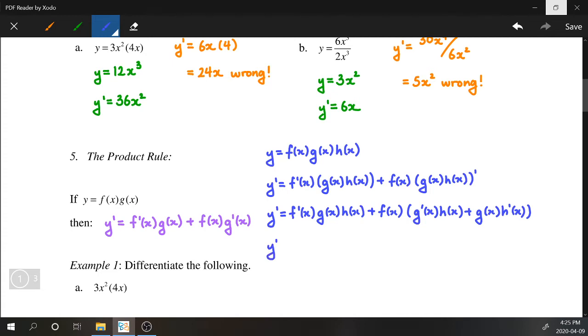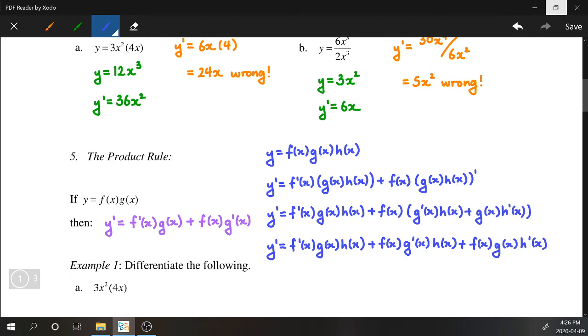So you'll get y prime is equal to f prime of x, g of x, h of x, plus f of x, g prime of x, h of x. And finally, when you use the distributive property, you'll get f of x, g of x, and then h prime of x.